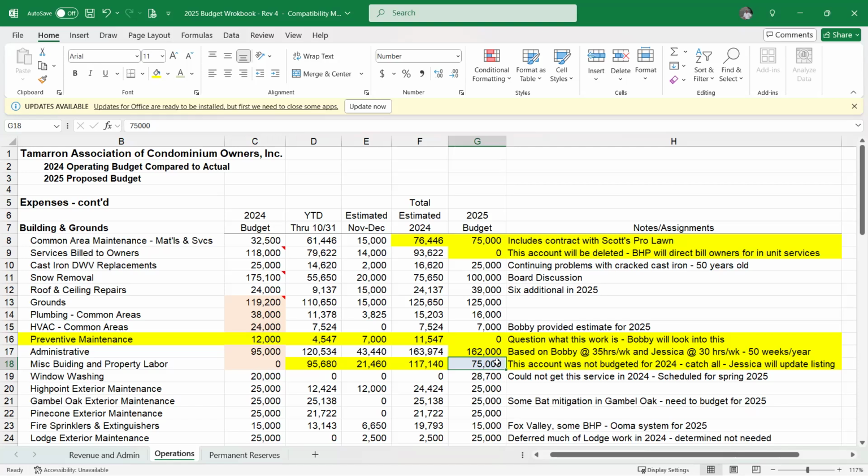So we have to be able to have an account for these unanticipated costs. But something we're talking to Bobby about is having a level of board approval to use that account. So rather than it just being an ongoing operating account, if something is unanticipated and unbudgeted, we need to approve it.